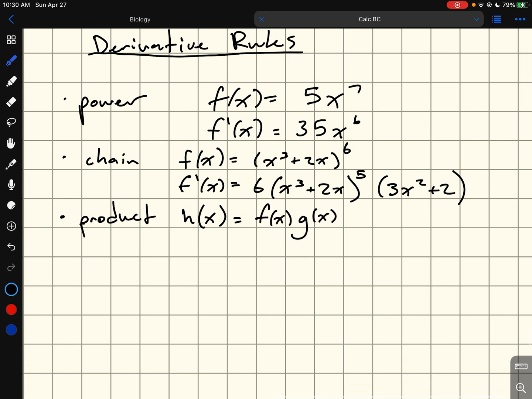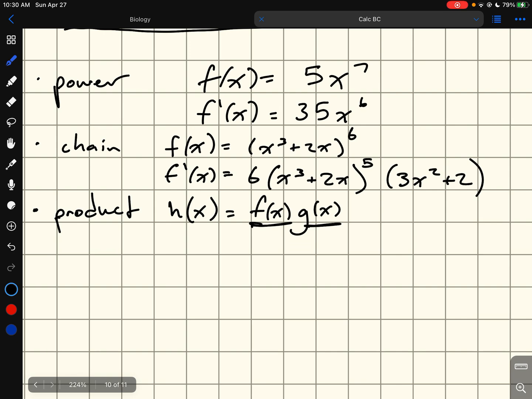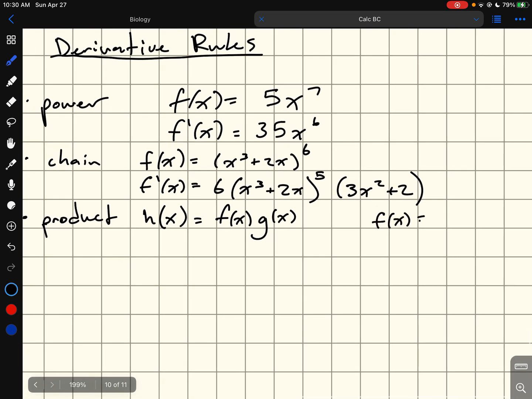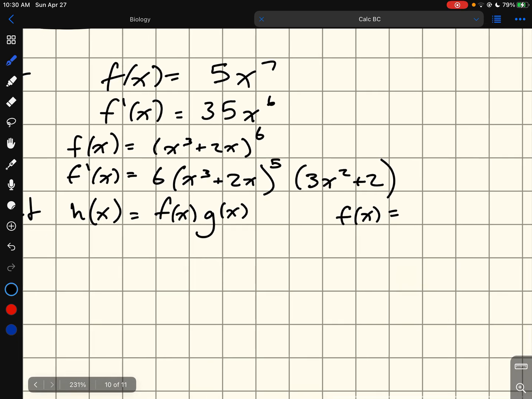So for product rule, you have some function times some other function. So this could look like, if I had an actual example, 3x times cosine x. So this is a function and this is a function.